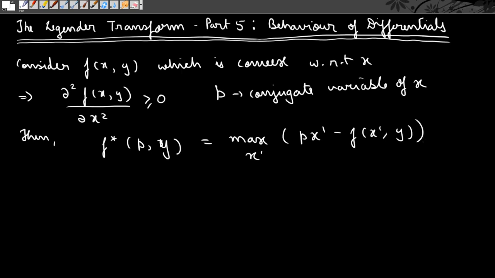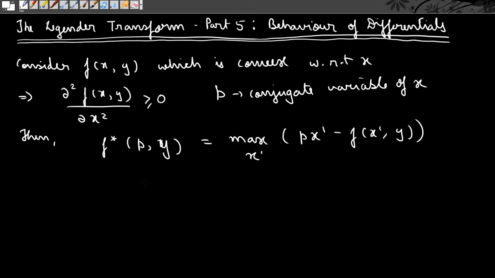So this is the definition of Legendre transform. Here I am using x dash instead of x just to avoid notational confusion, because later on I want to write the transformed function in terms of x.